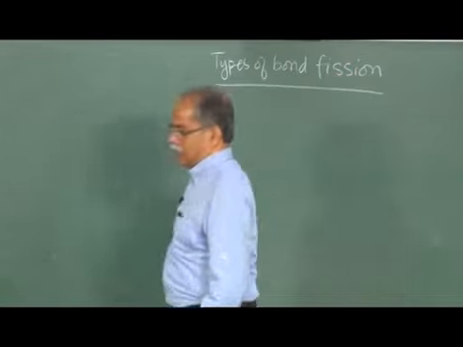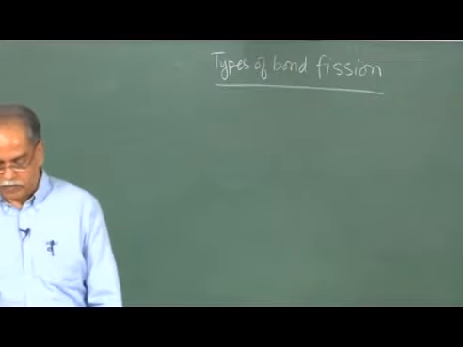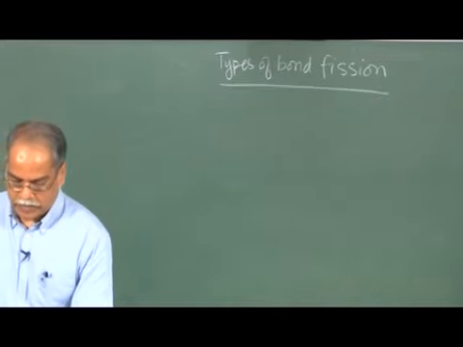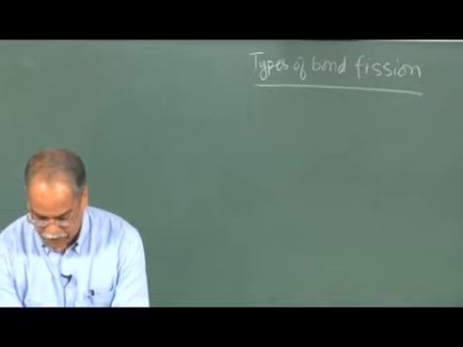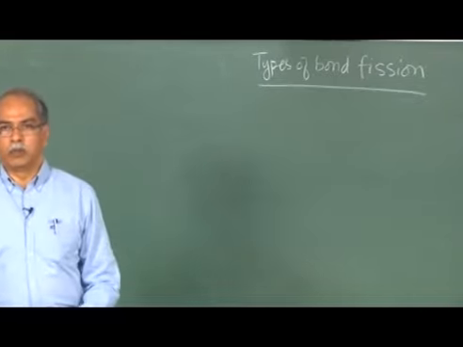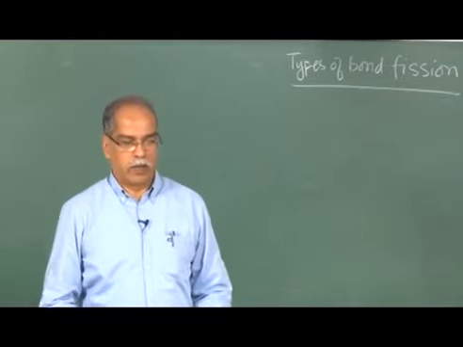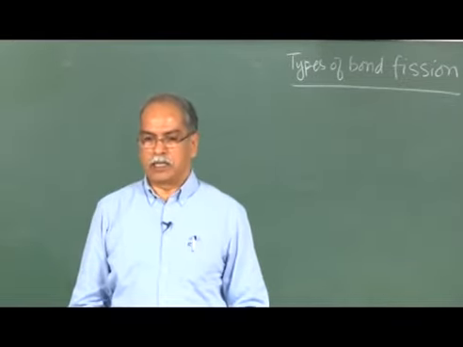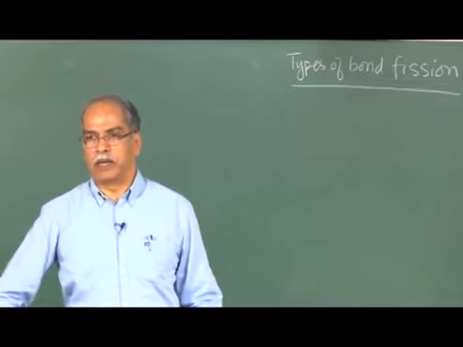Let us look at types of bond fission. Now, reactions take place by breaking and making of bonds, sigma bonds, pi bonds and so on. So, the mode by which the bonds are broken is important to understand the reaction mechanism of chemical reactions.